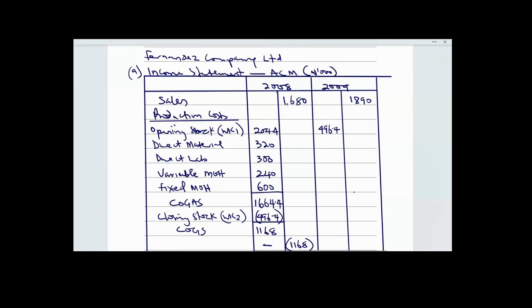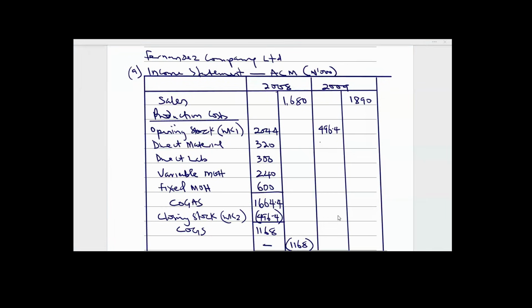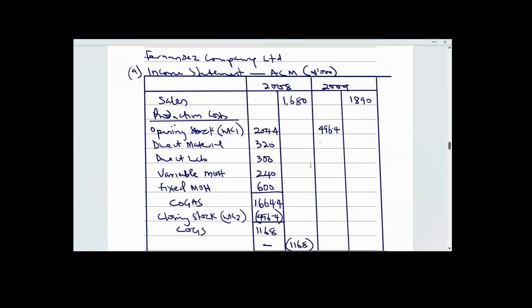How many units were produced? In the second period, that's 150,000. So multiply by 1 naira 60 kobo. So that gives us what? 240. Okay, 240. Then direct labor.